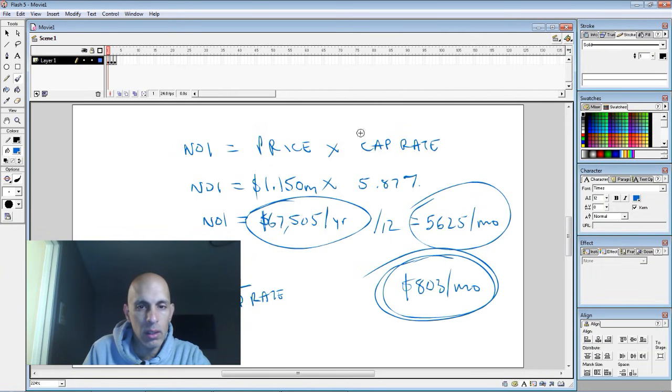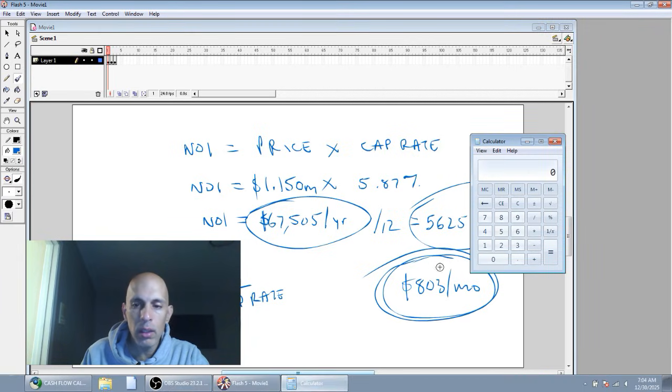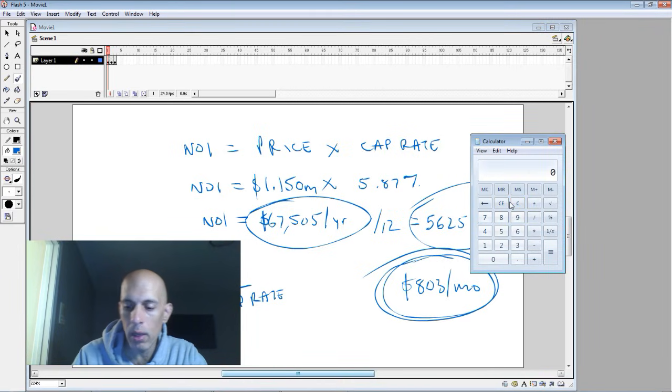Yeah, NOI divided by cap rate, that's what it should be. So why is this not working? 803 times 13, we have 13 units, that's 10,439 divided by, oh, I'm using the monthly.